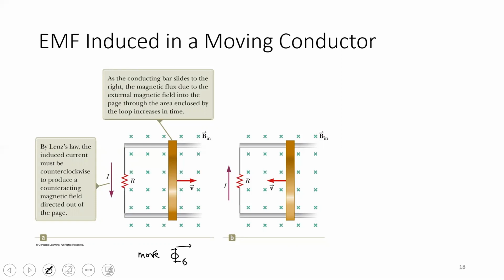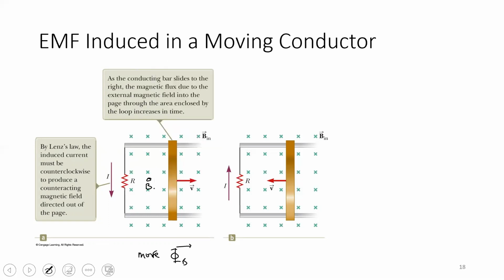The direction of this magnetic field is into the screen, or into the page as you're looking at it. If we're moving it so that there's more and more magnetic flux into the page, we're going to induce a current that is going to induce a magnetic field out of the page.